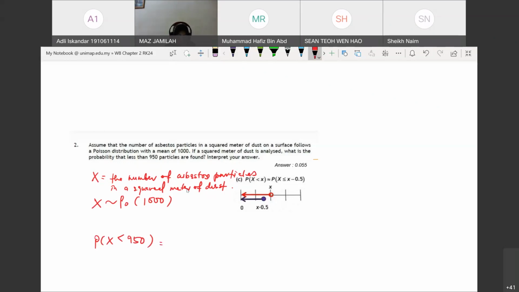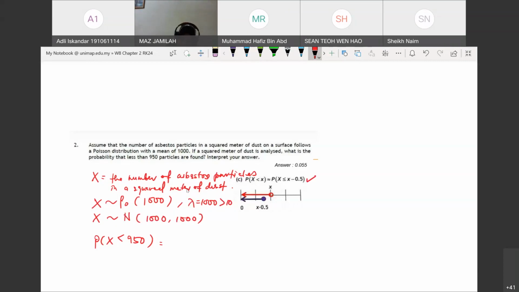In this case, approximate into normal. Since lambda is greater than 10, x can be approximated to normal with 1000 mean and variance 1000. Since we are using the approximation of a continuous random variable from a discrete random variable, we have to apply the continuity correction factor.